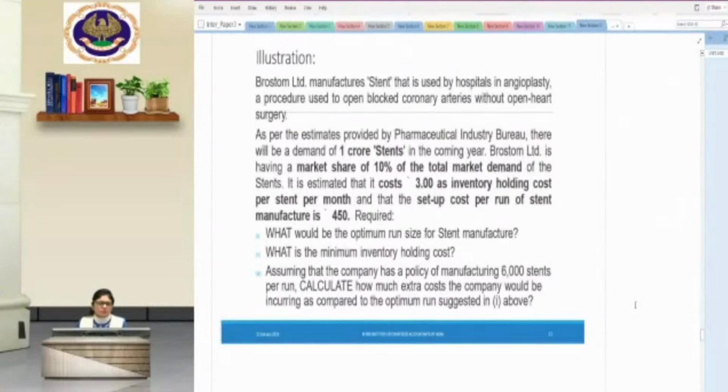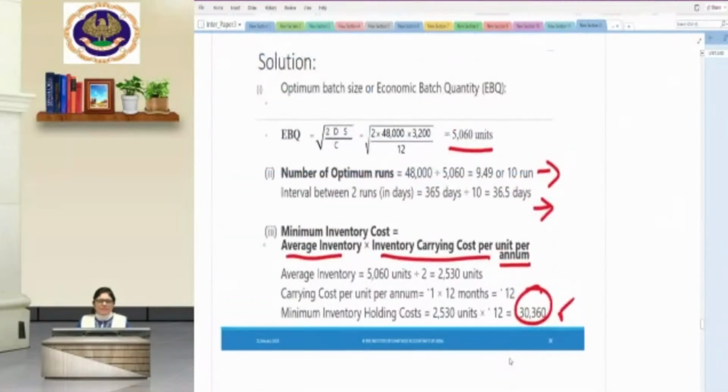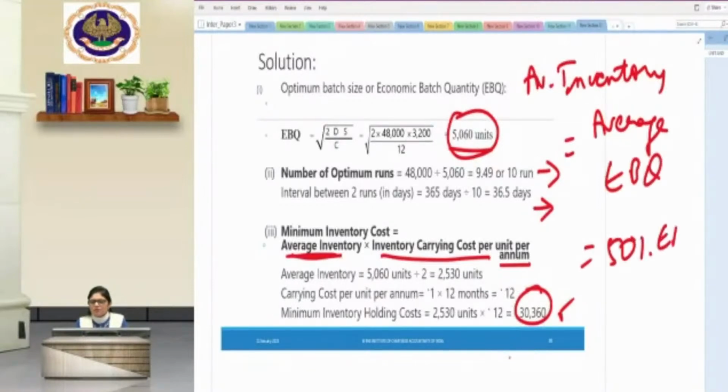Okay, so this is the question. Read it through. Minimum inventory cost. Kavita, see, minimum inventory cost is, we always take the average inventory. Average inventory means average EBQ, and average EBQ means 50% of EBQ.